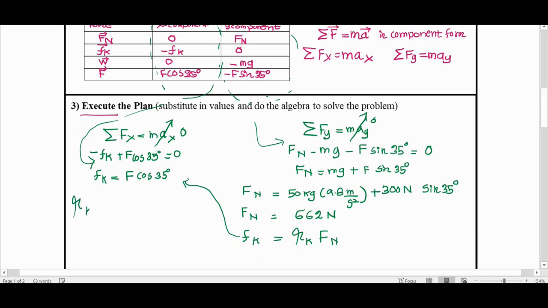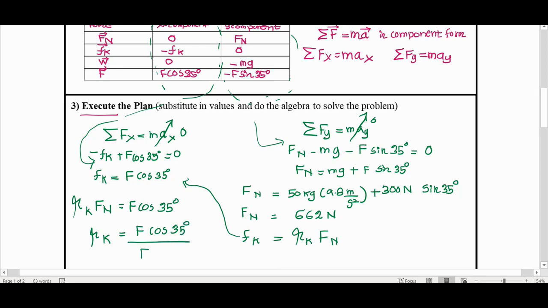I'm just going to substitute: Fk is equal to mu k times normal force is equal to F cosine 35. And then I'm trying to solve for mu k, so I'm going to separate it on one side of my equation.